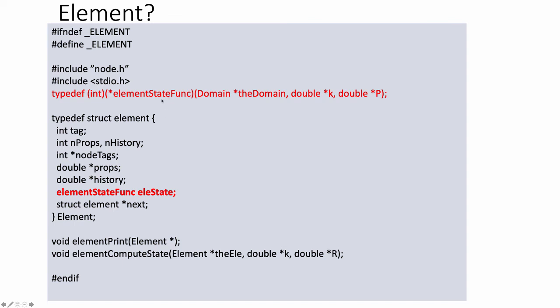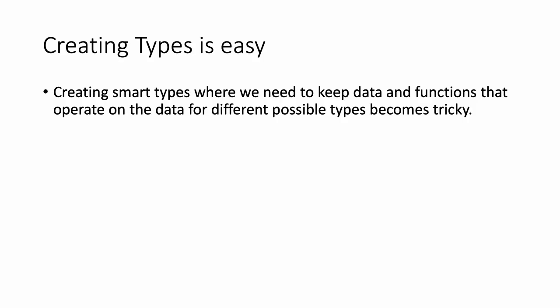We're going to call it element state function, and it's going to take a domain. It's going to return, say, k and p. It's going to probably take in some other stuff. When we construct an element, we're going to assign whatever function goes into that element depending on the element type. So it starts to get a little bit more complicated. Function pointers are a little bit fun to play with, but it is possible. It just gets a little bit more tricky.